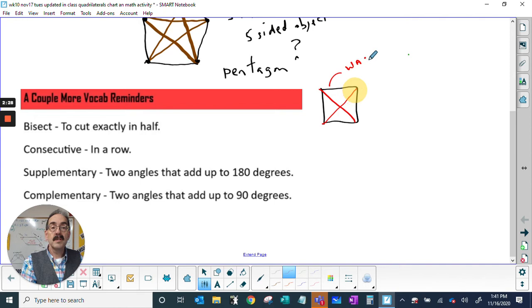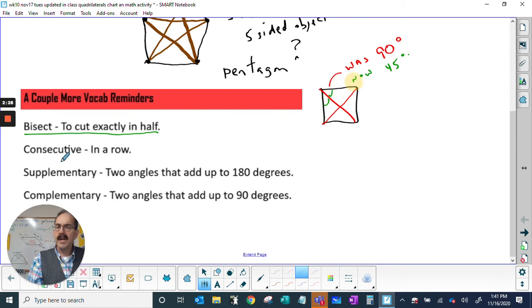Was 90 degrees, now 45 degrees. Bisect, to cut in half.